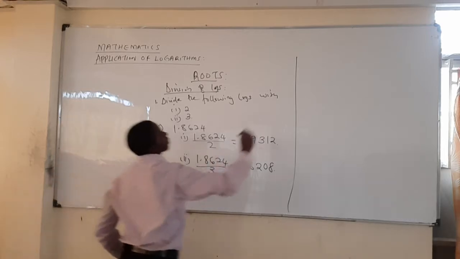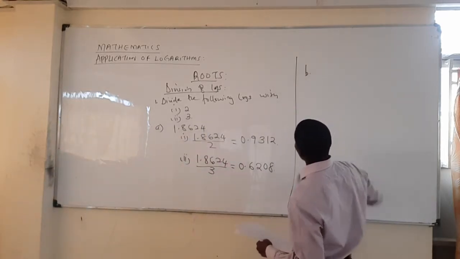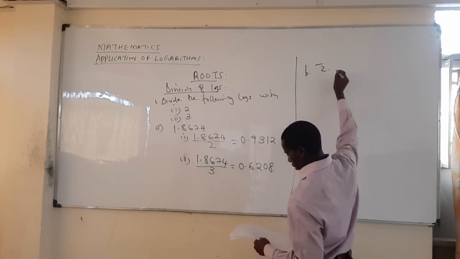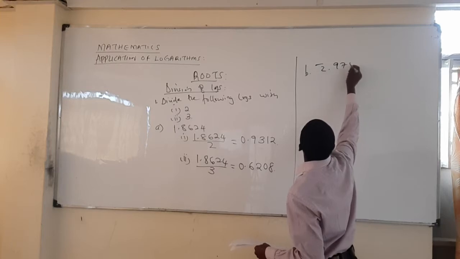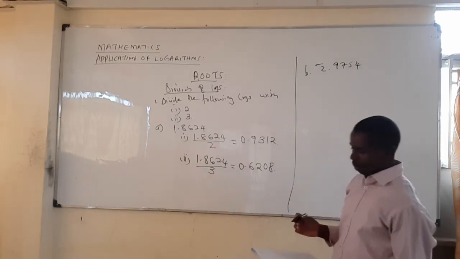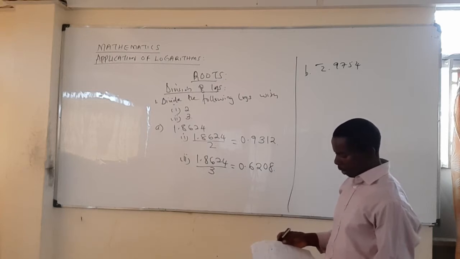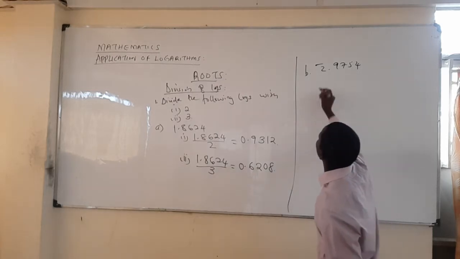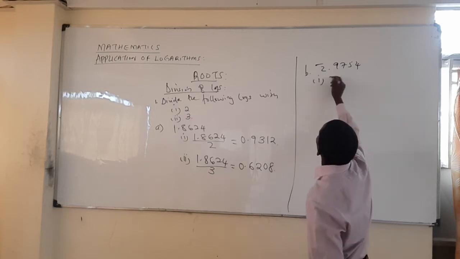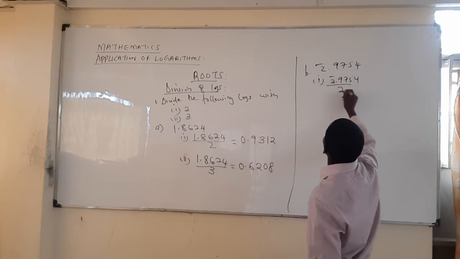Part B, bar 2.9754. So we are going to divide this log by 2 and 3. The first case there, we have bar 2.9754 dividing by 2.